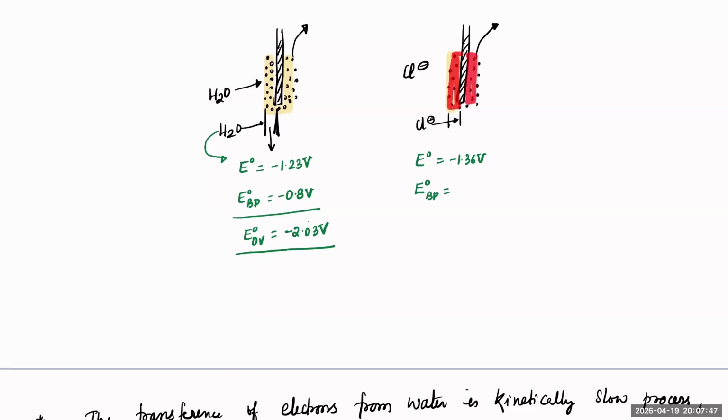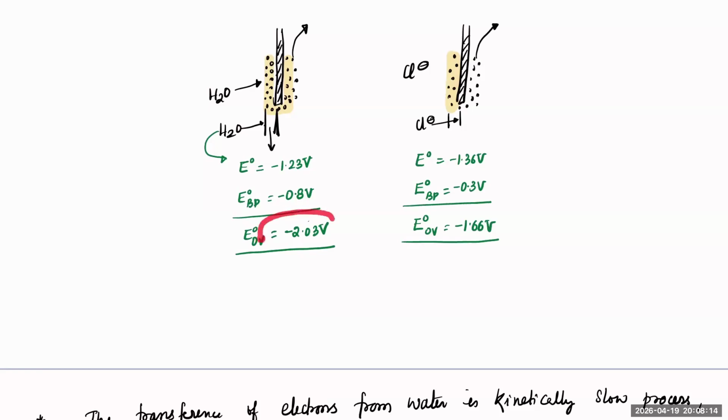The reason being, chlorine gas is not as strongly attracted to the metal surface as oxygen. Therefore, the bubble layer formed by chloride is not that strong. How much is required? It is hardly requiring 0.3 extra volts here. Which means the E naught overall will be approximately minus 1.66 volts.